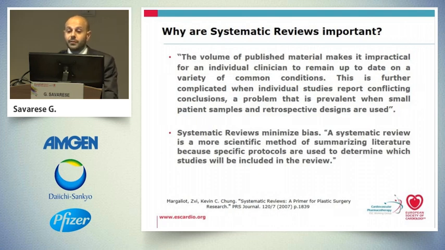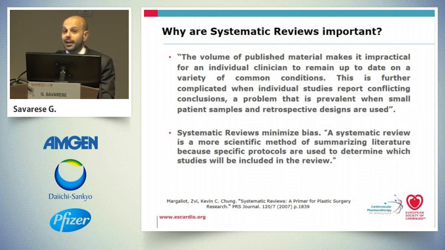Why are systematic reviews important? Every day there are 1,000 papers on a specific topic. So for a clinician it's quite difficult to be updated about all the papers on a specific topic. Actually, systematic reviews summarize all the evidence about a topic. And it's not done as in narrative reviews that are performed without a clearly stated method.